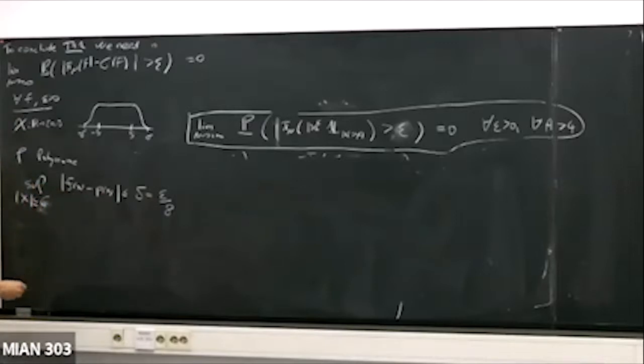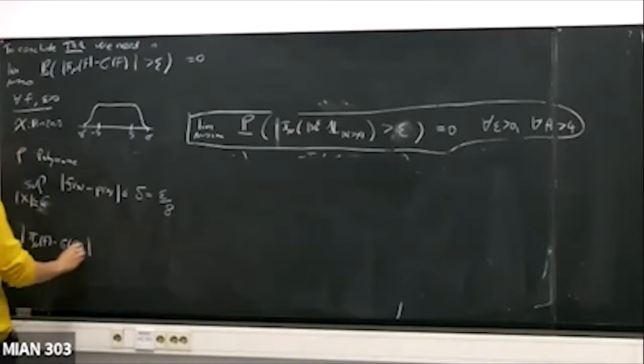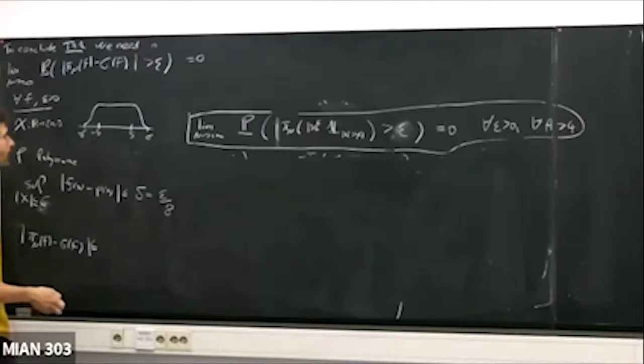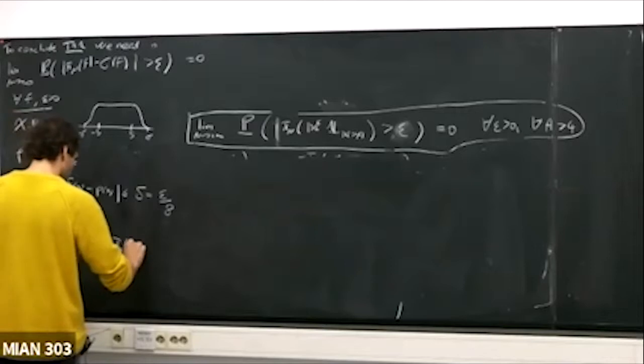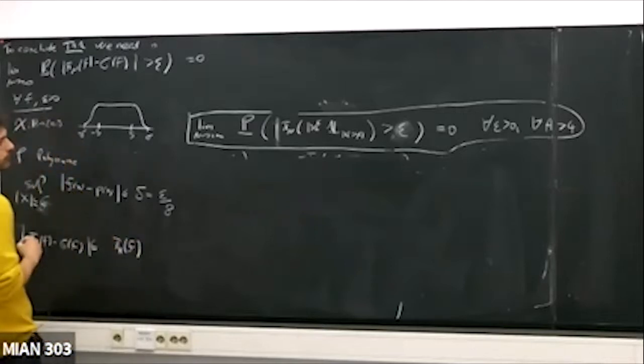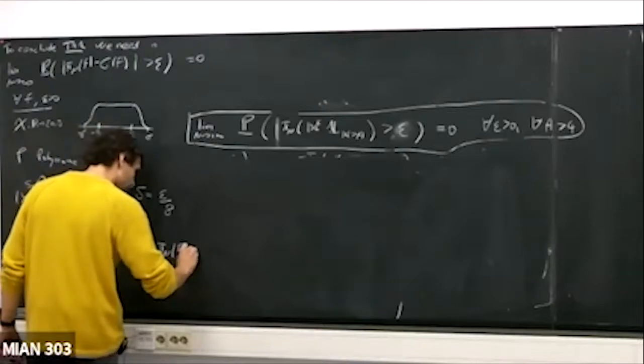Then I write pi n of f minus sigma of f. This will be less or equal than, approximating f with the cutoff and the polynomial, and so on. Let's hope I don't make any mess. I will write pi n of f minus pi n of f times chi.